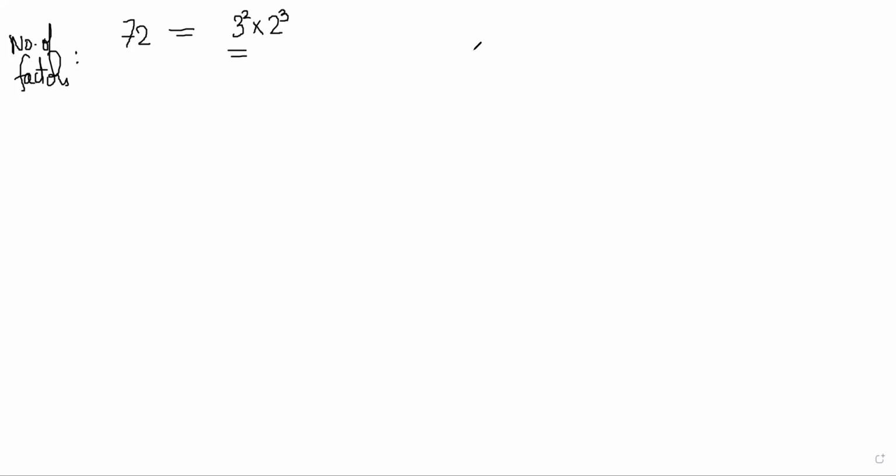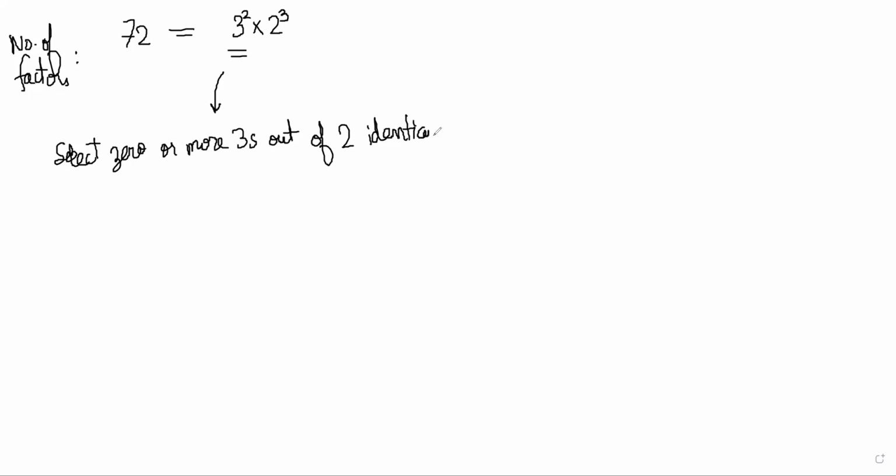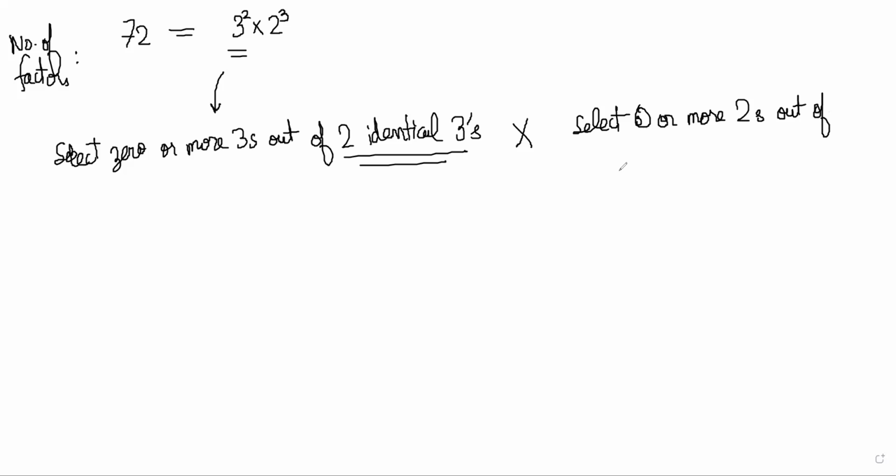So selecting 0 or more 3's out of 2 identical 3's, right? Multiply it with selection of 0 or more 2's out of 3 identical 2's, right?